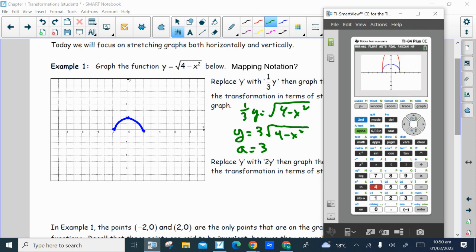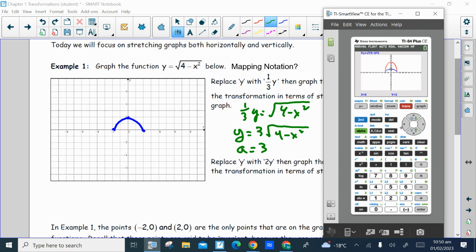It actually gives us a graph that shows that the graph does hit the x-axis, and in fact the x-intercepts are invariant. What this doesn't show is where the new y-intercept is. So if I go into zoom and go zoom standard again, we can now see the new y-intercept. If I go into the trace mode, it always goes to the y1 graph.